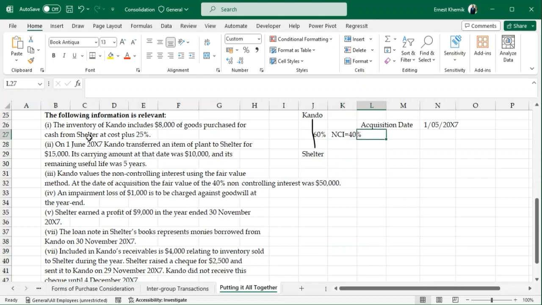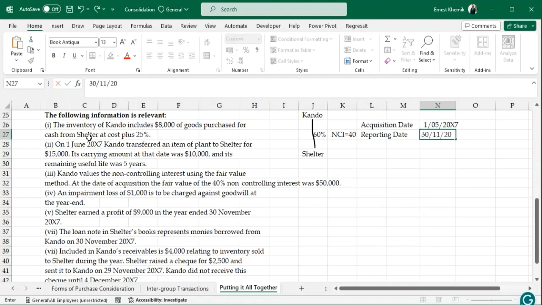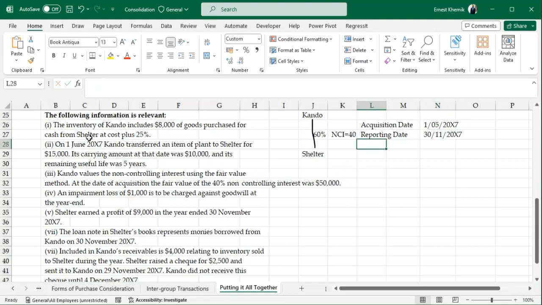All right, so we have the reporting date, 30th November 20x7. So the post-acquisition period is going to be, what is 1st May?